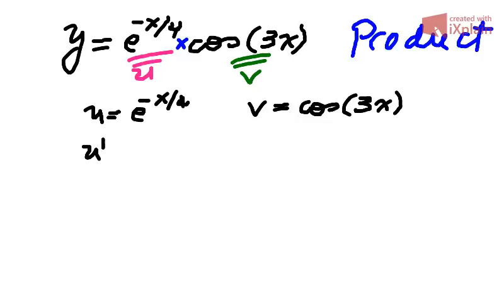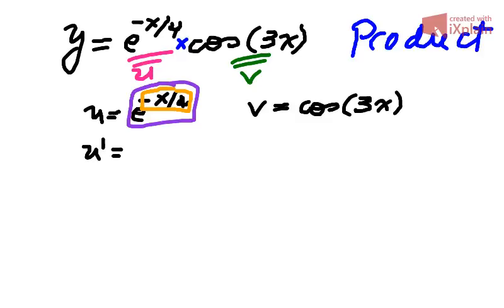So the derivative of this first one here will be, now this is a mini composite within the big product function. E to the negative x over 4, that negative x over 4 is our inner function, and the e is the outer function. So we need to be able to do this by inspection, just looking and doing the calculation.